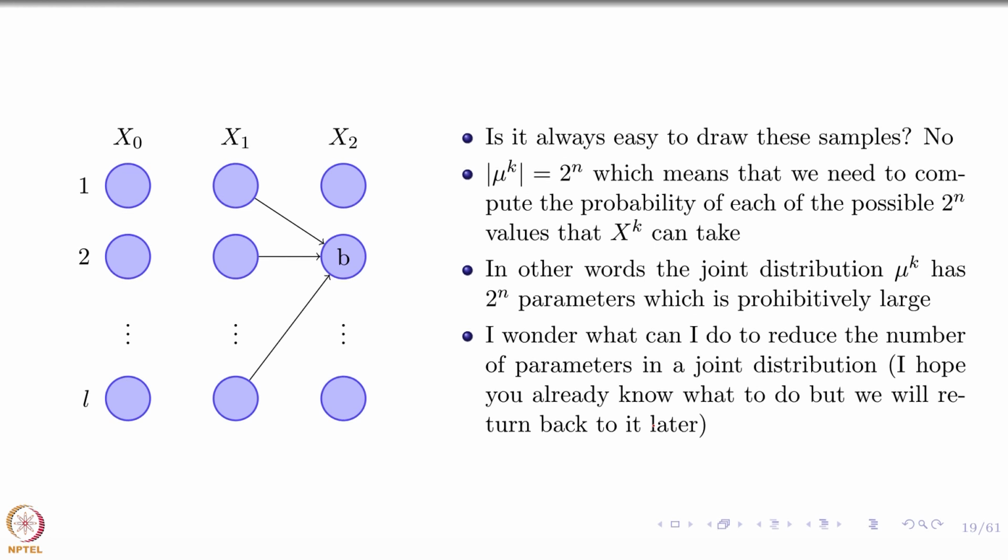Now when you have this large number of parameters, what can you do to reduce the number of parameters? You have a distribution which has a large number of parameters, it's a joint distribution, and you want to reduce the number of parameters of the distribution. What will you do? Factorization. Factorization depends on independence assumptions. Did we make any independence assumptions? What are we talking about?